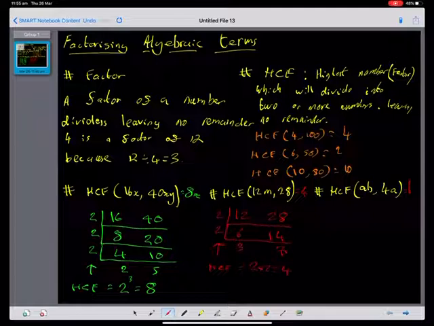And then we have an A in both terms. So A times B gives AB, and A times 4 gives 4A. Okay, so let's have a look at some more examples.